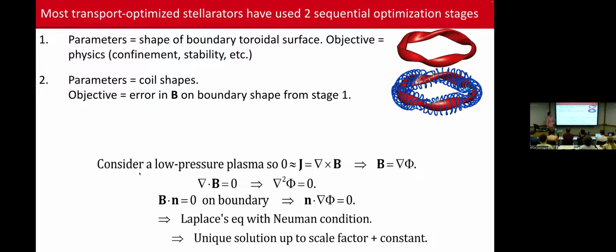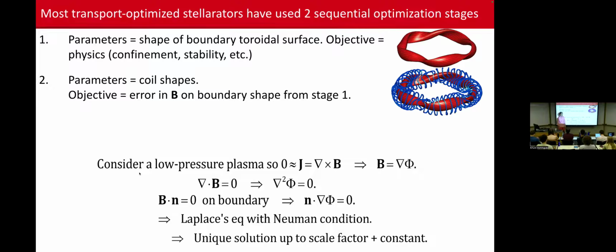Okay, and the objective there is going to be the error in the normal component of the B field on the shape we found during stage 1. And there's a quick way to see why that is what we want to target. So if you consider a low pressure plasma, so J, which is curl B, is roughly 0.